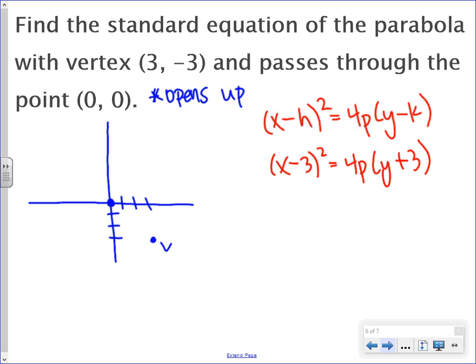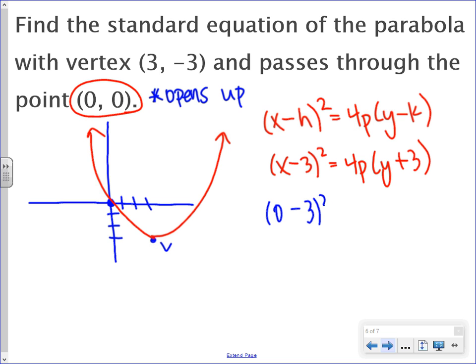We don't know the focus or directrix. So how are we going to determine p? Plug in the x and y here. We know that 0, 0 is on our parabola, which means it has to satisfy our equation. So we can use that to solve for p, or solve for 4p, whichever one you want.